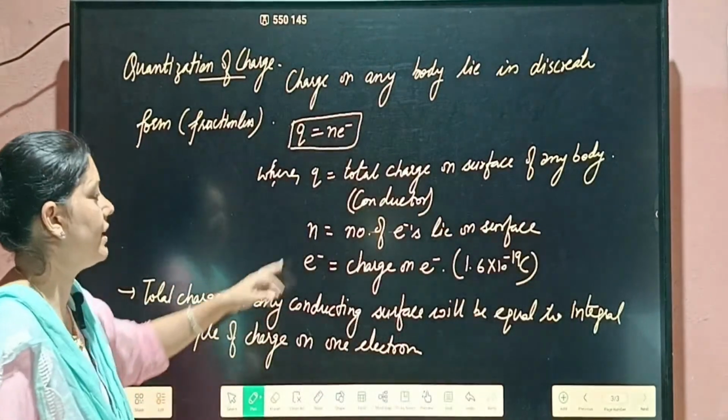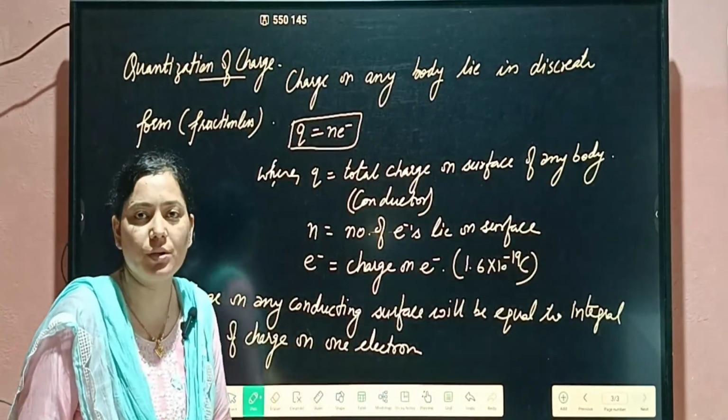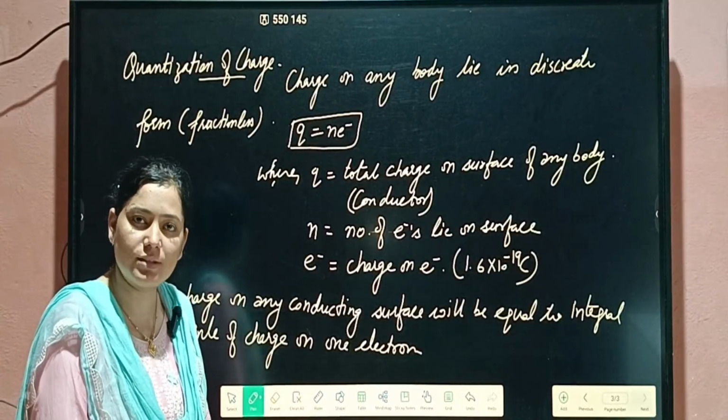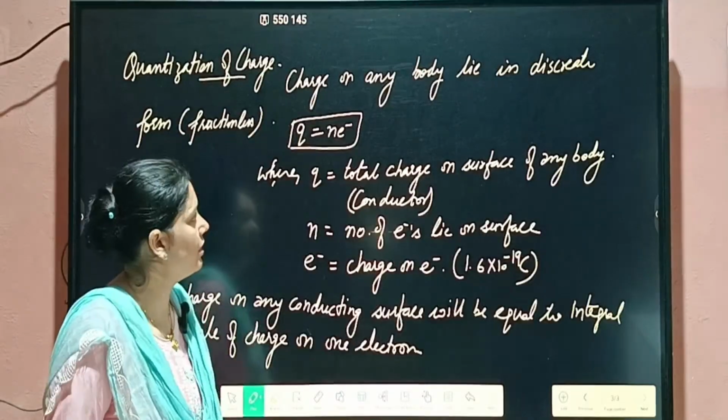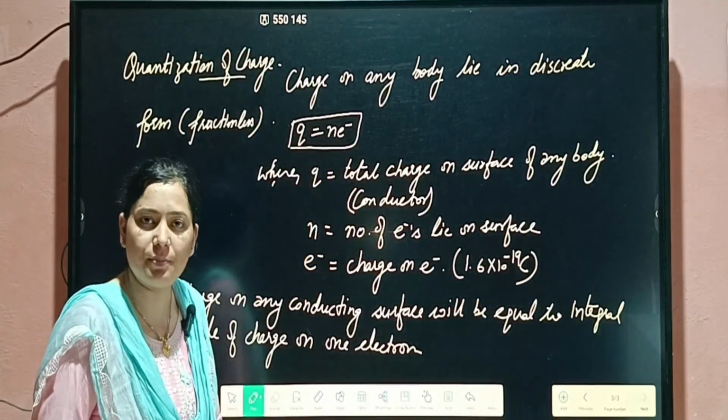Here we can say total charge Q equal to ne, where n is the number of electrons lying on the surface and e is the electron charge. Then total charge will be this.